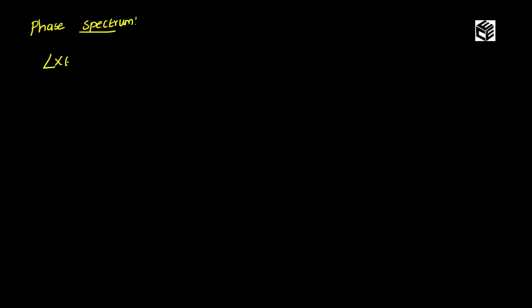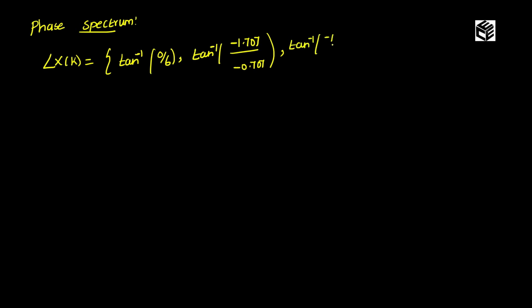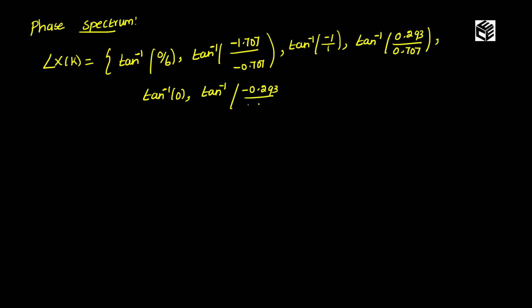How can you draw the phase spectrum? Angle of x of k is equal to tan inverse of 0 by 6 comma tan inverse of minus 1.707 by minus 0.707 comma tan inverse of minus 1 by 1 comma tan inverse of 0.293 divided by 0.707 comma tan inverse of 0 comma tan inverse of minus 0.293 divided by 0.707 comma tan inverse of 1 comma tan inverse of 1.707 divided by 0.707.